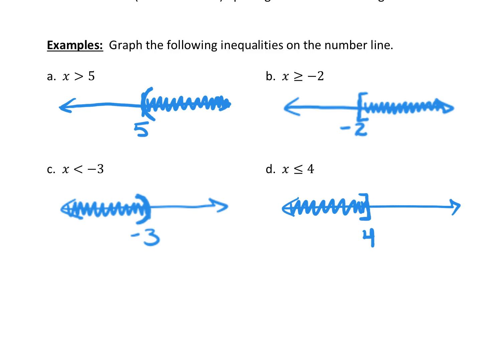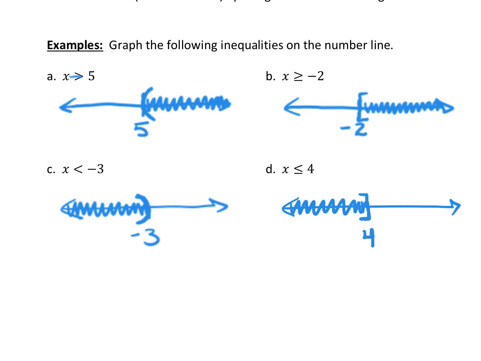Now, one of the things to note is that if you have your variable on the left side, you can treat the inequality symbol as an arrow pointing the direction. So for instance, x is greater than 5. I can create a little arrow here, and it's pointing to the right.